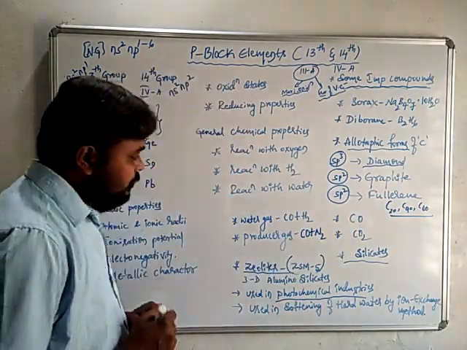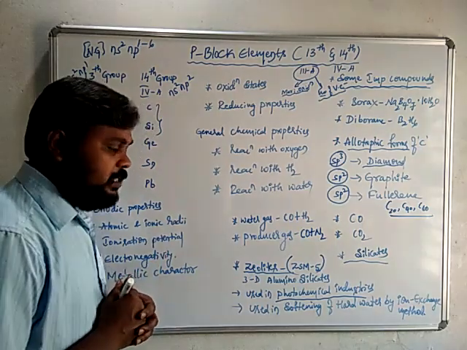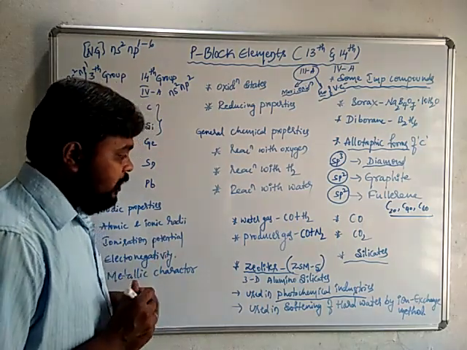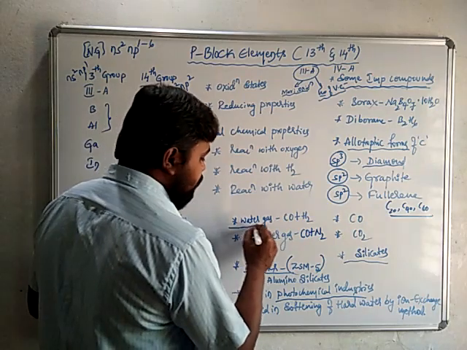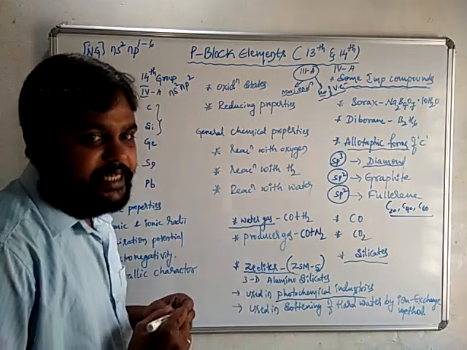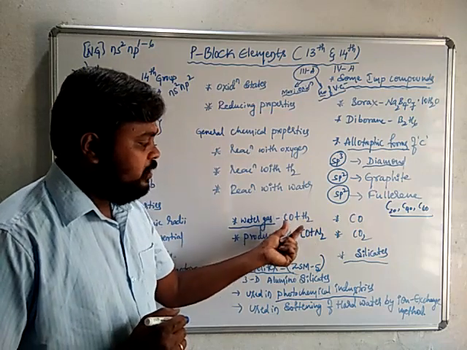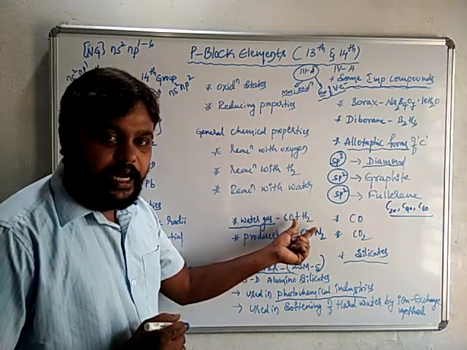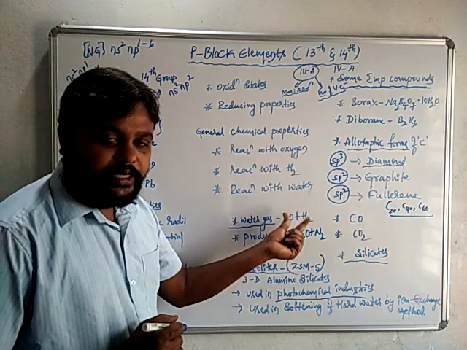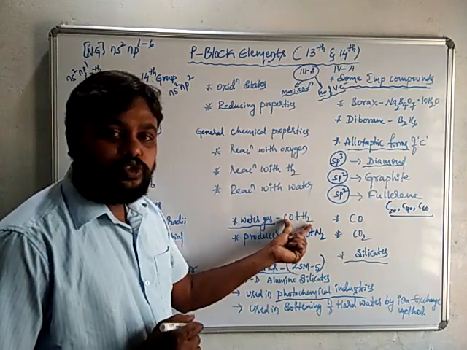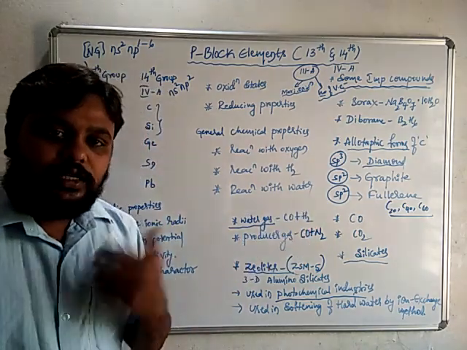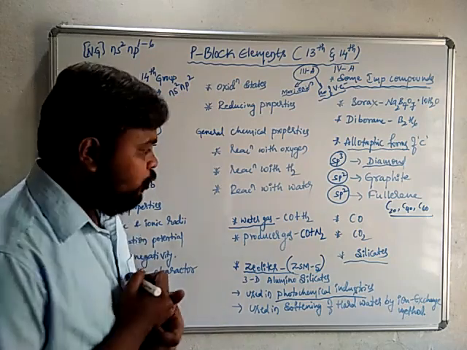Apart from that, the very important compounds of carbon are carbon monoxide and carbon dioxide. Water gas is one of the important mixtures. The mixture of carbon monoxide and hydrogen is called water gas, and this water gas is used to prepare methyl alcohol and so many important organic compounds.